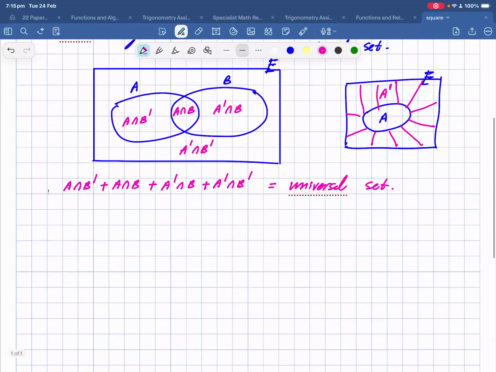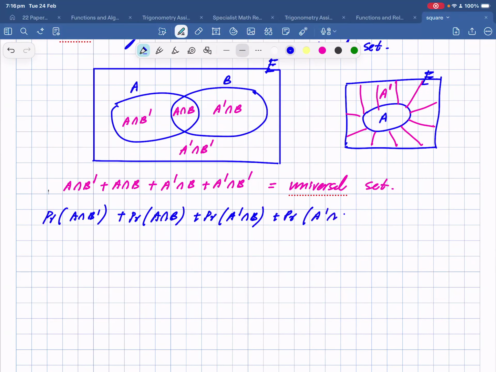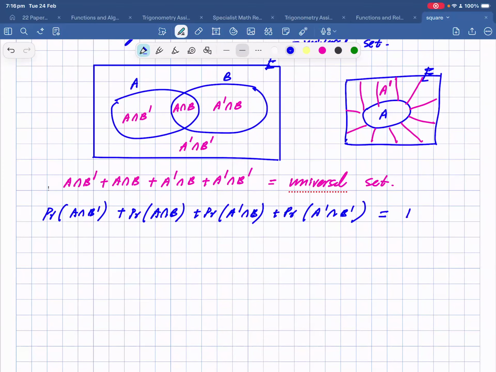At the same time, if you think about the probability of A intersection B prime, probability of A intersection B, probability of A prime intersection B, probability of A prime intersection B prime, that's going to be the total probability, 1. Total probability 1.